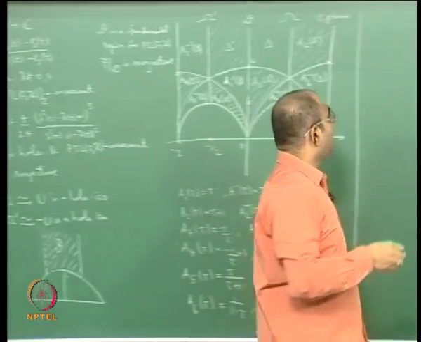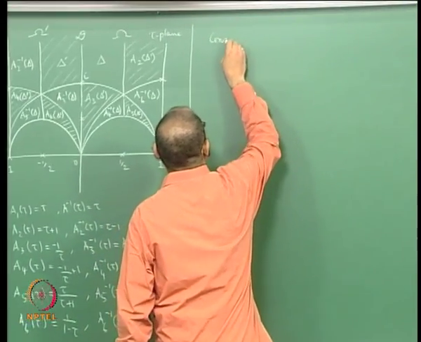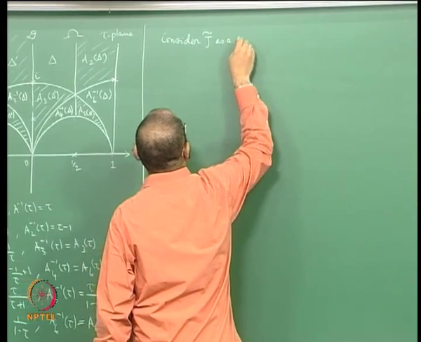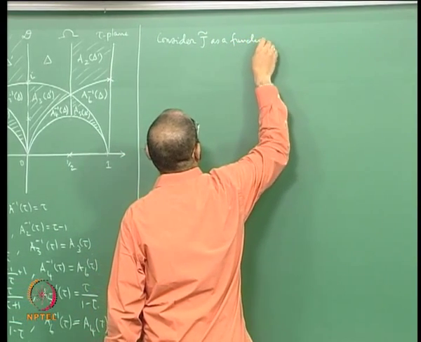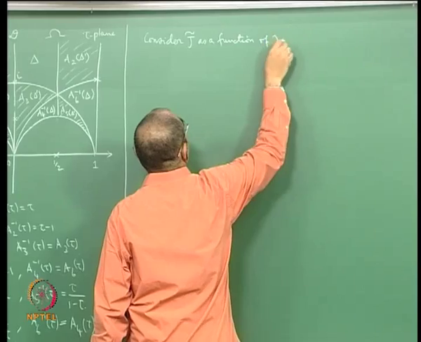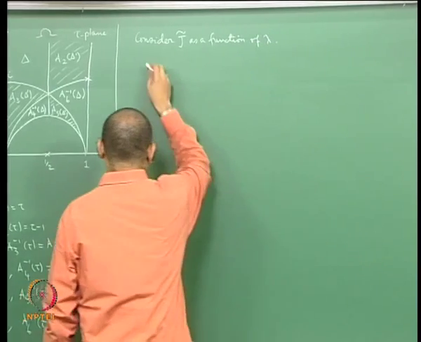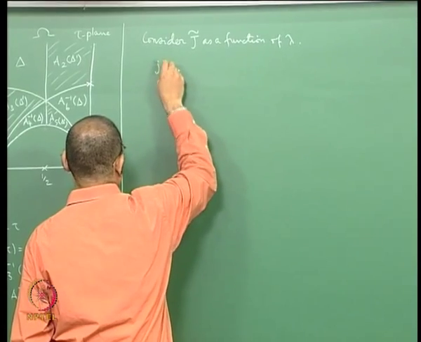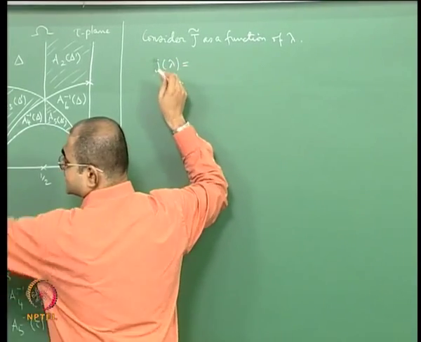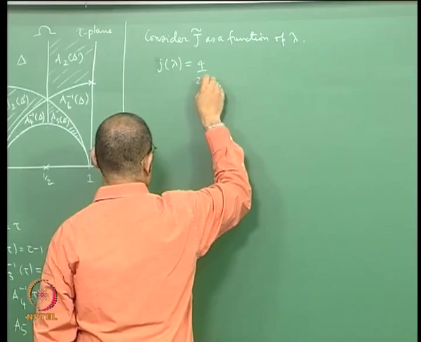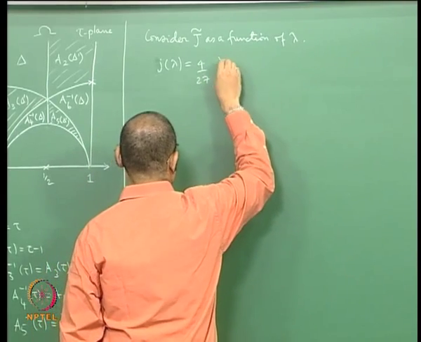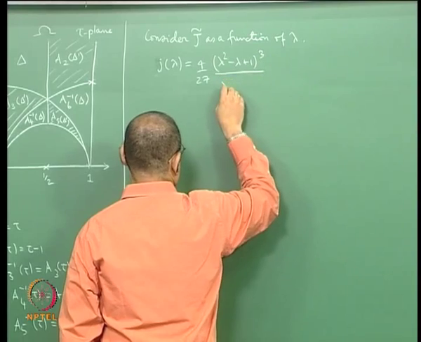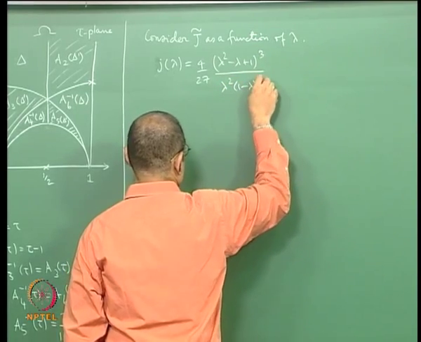Okay, so what we will do is consider J tilde as a function of lambda. Okay, so basically you define, so I will define small j of lambda by the same formula 4/27 into lambda squared minus lambda plus 1 the whole cube by lambda squared into 1 minus lambda the whole squared.